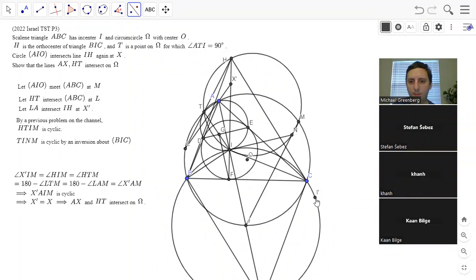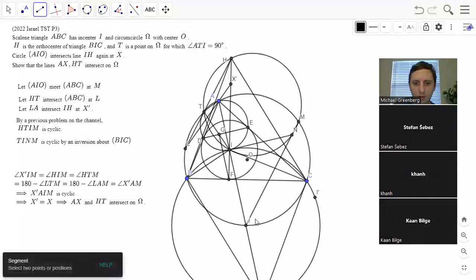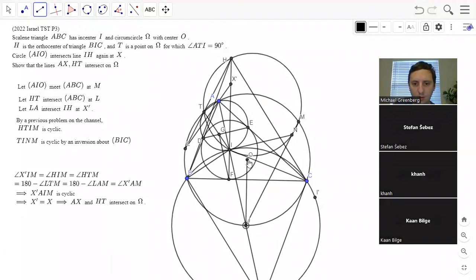So my claim is that triangle JOI prime is actually similar to triangle IMH.